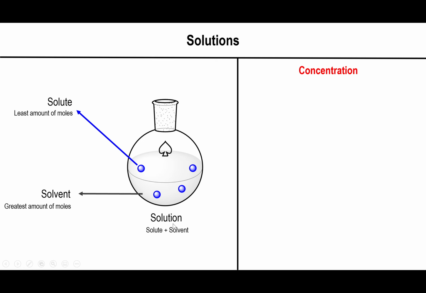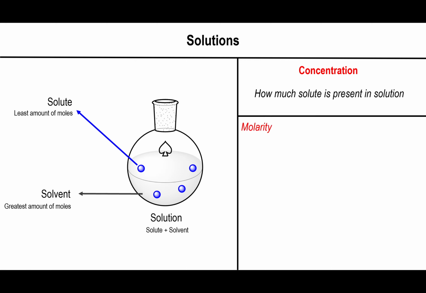Okay? One can actually determine and express the quantity of solute that has been dissolved in your solution by something we call concentration. In this class, we're going to simply represent it in two forms. There are actually many other forms of concentration out there, but we're only going to be studying two of them. So we will see how much solute is present in the solution, and we're going to start with molarity.